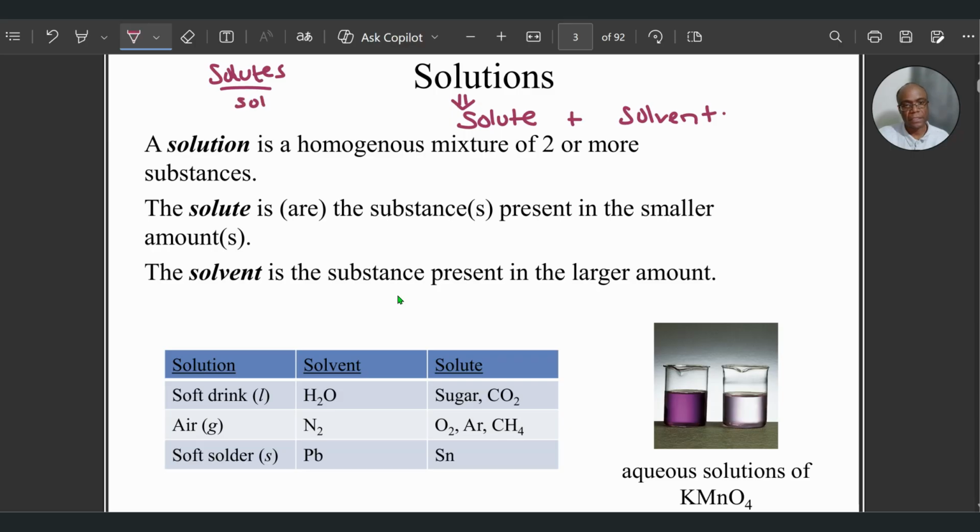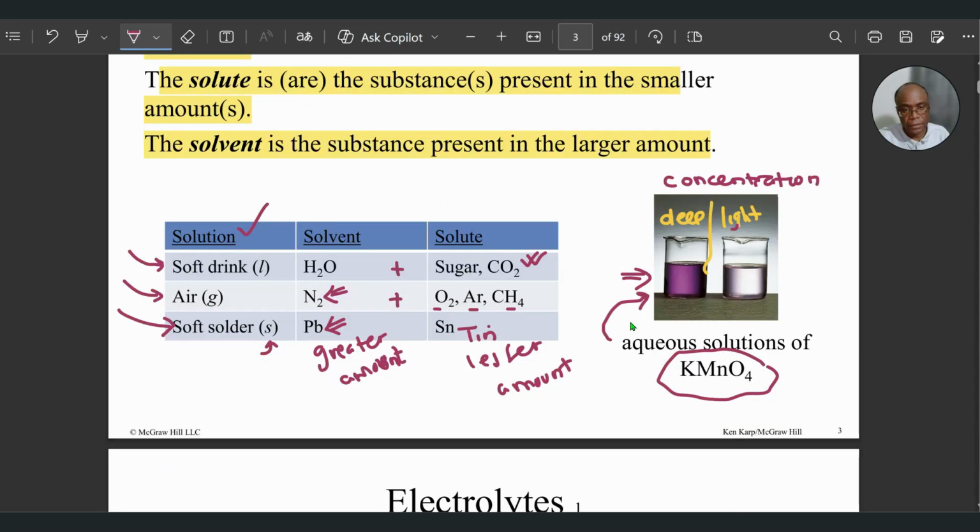So a solid can be a solute like sodium chloride, a liquid that is in less amount in a mixture with another liquid will be a solute. Gases can also be solutes when you're dissolving a little sample of gas in a liquid. Also, solvents can be liquids or gases, or even solids, as we will see in the table on this slide.